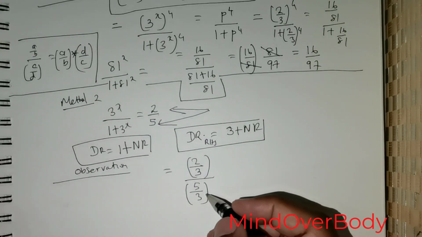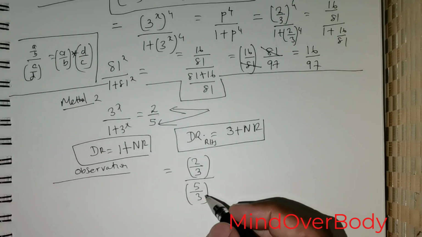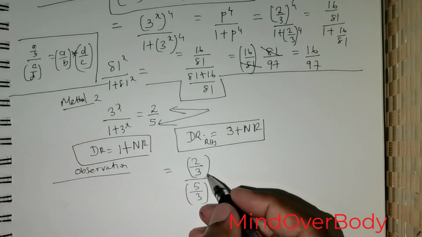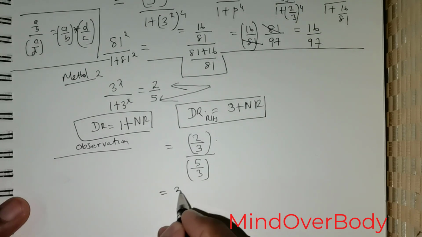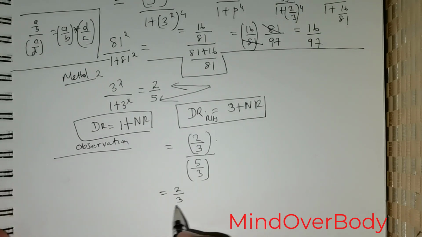But what is more important is the untold story that the 3 can bring about, which in this case is as follows. I can rewrite the numerator as 2 over 3, but when it comes to the denominator, I'm going to write it as 1 positive 2 over 3. So now what have I done?